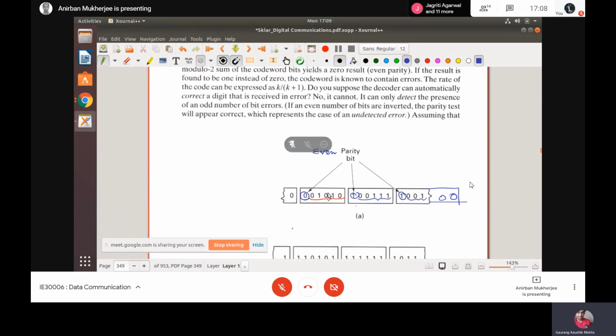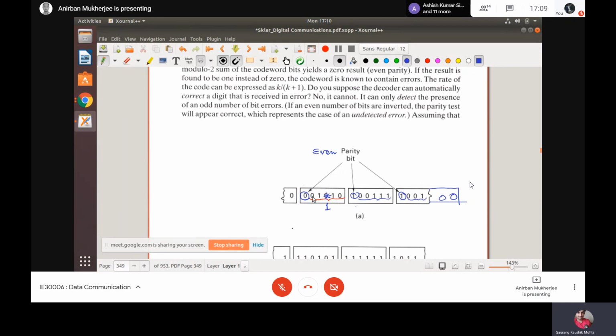Now in the channel, say this particular bit has some error and it has changed to 1. Now you see at the receiver you are seeing even parity is used. Already three ones are there, so I should expect only 1 over here. But my even parity bit is 0. That means there must be some error in this block.